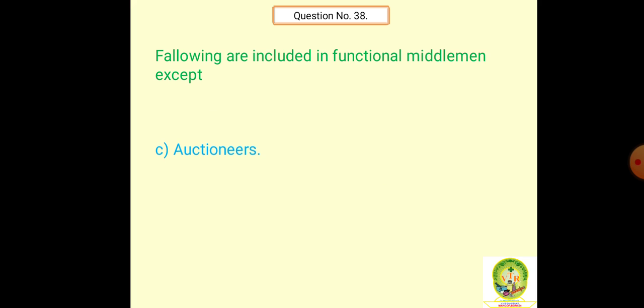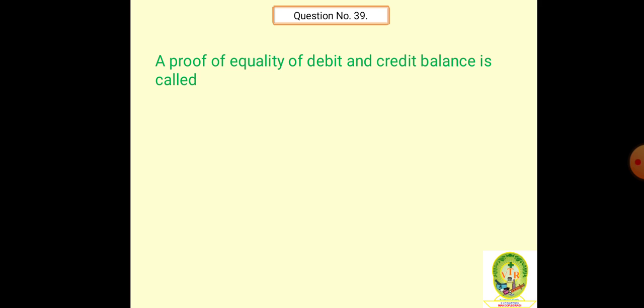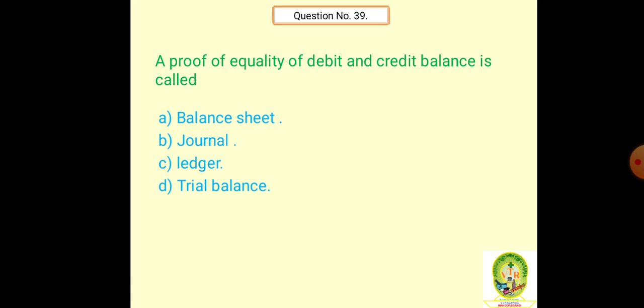Right answer is auctioneers. A proof of equality of debit and credit balance is called as, options are A. Balance sheet, B. Journal, C. Ledger, D. Trial balance. Right answer is D.